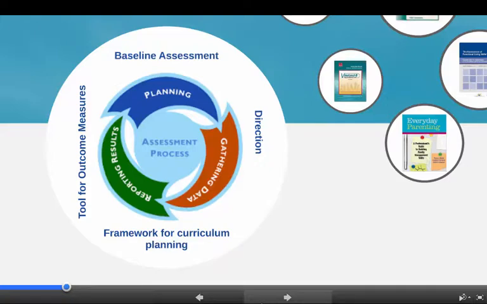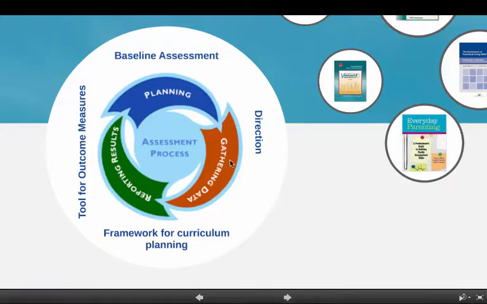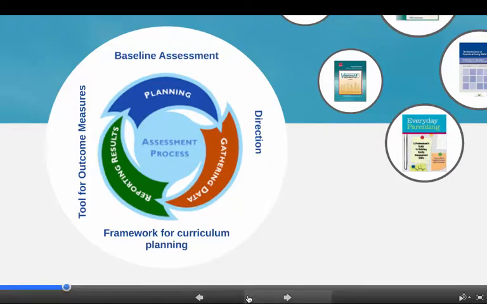But there are 3 specific steps in terms of the assessment process. The very first step is that we go about this process of implementing the assessment and gathering data. What data? The person's responses, how the person performs during the context of the assessment. That is the very first phase.